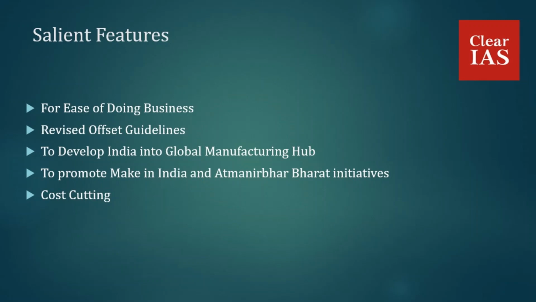And the next major feature is to develop India into a global manufacturing hub, in which there is FDI in defense manufacturing. Provisions have been incorporated, like a new category called Buy Global Manufacturing in India, to encourage foreign companies to set up manufacturing through a subsidiary in India.